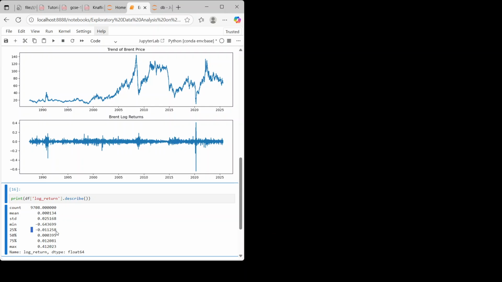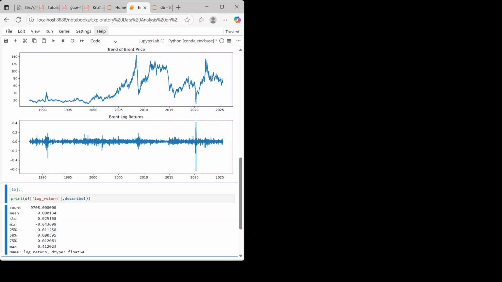And now with the median, that is the 50%. We are only saying that if we should take everything and divide it by 2, the median return is slightly positive. That reinforces the idea of a long-term upward drift.